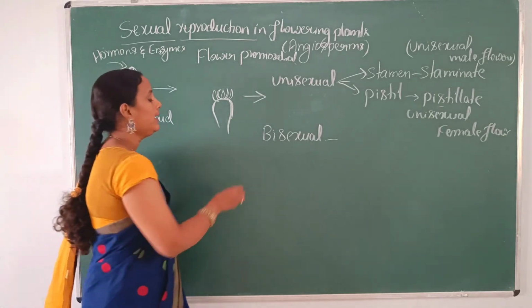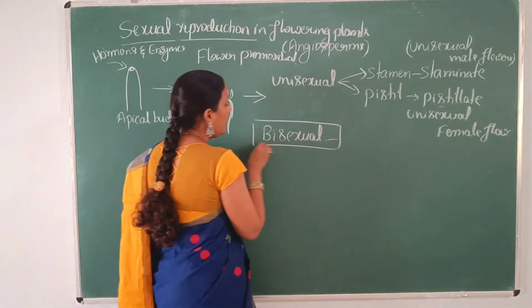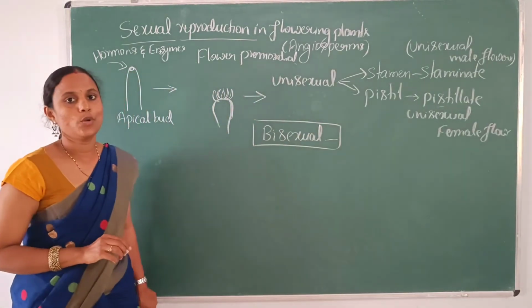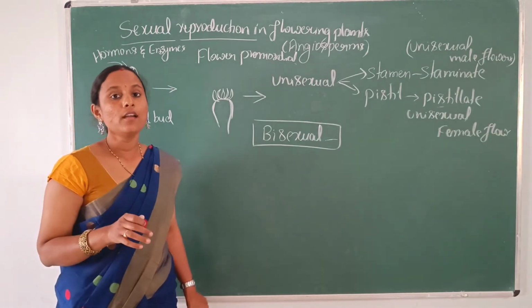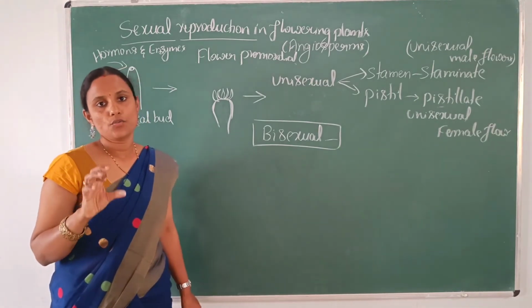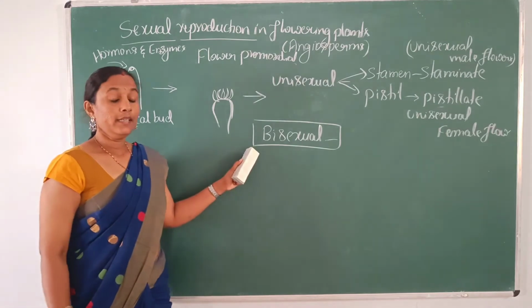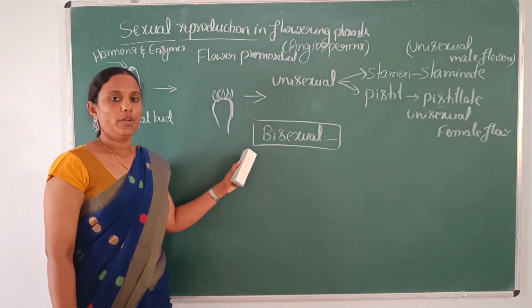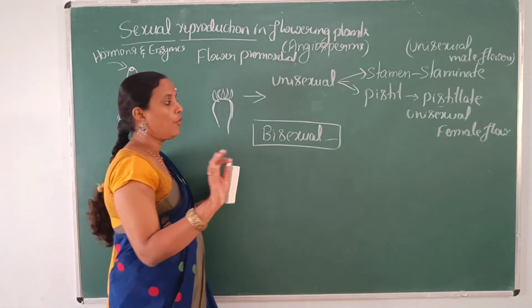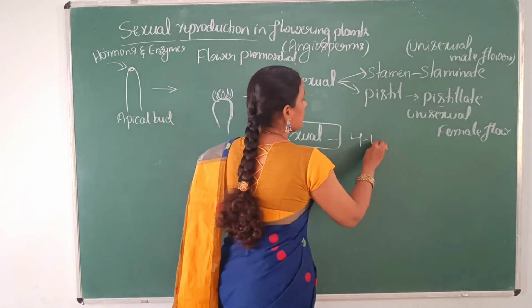Now, let us take a discussion of a typical bisexual angiospermic flower. Let us discuss what are the parts of this. In a typical bisexual flower, there is presence of 4 whorls.